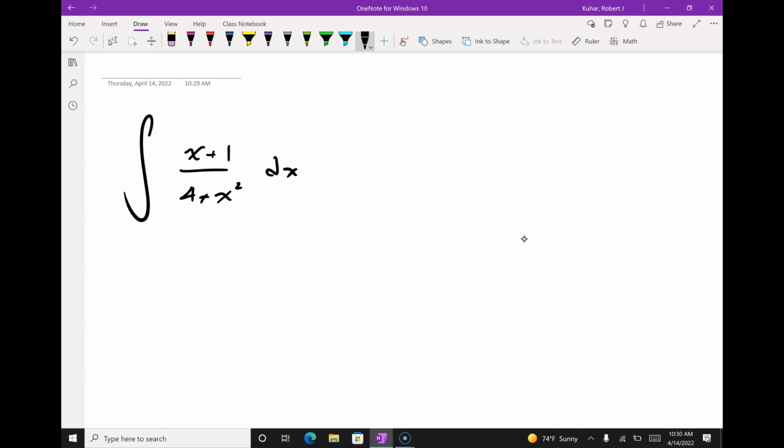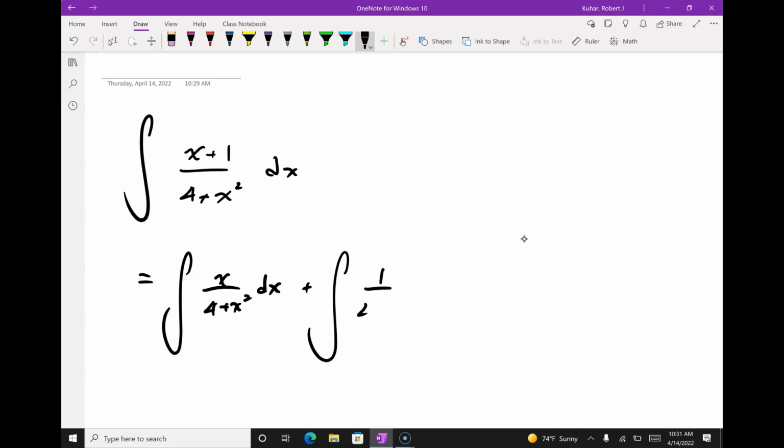I don't do long division unless I have a power upstairs equal to or greater than my power downstairs. So long division is out. But in that same step is divide and conquer. So I see I can divide and conquer here. I think that's the way I want to go. So I've got the integral of x over 4 plus x squared dx plus the integral of 1 over 4 plus x squared dx.